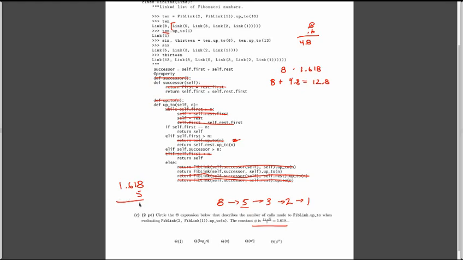So I do 5 times 1.618, and we're going to get approximately 8.09. Right, so that's about 8. And if you keep plugging in different numbers, you'll find that this factor approximately holds.